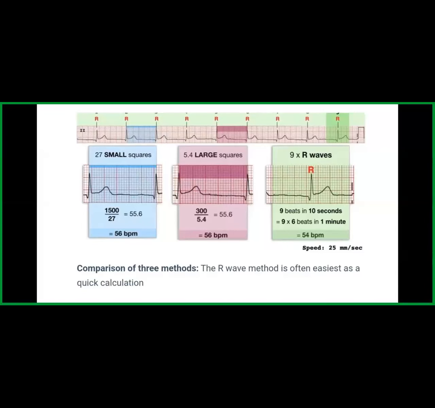So in the above strip, 9 into the number of R waves in 10 seconds will give you approximately how much the heart is beating, and these findings are actually very relevant in acute care when a child is in your ER. You get a long lead 2 ECG and it shows 54 and you're not able to get any heart rate on auscultation.